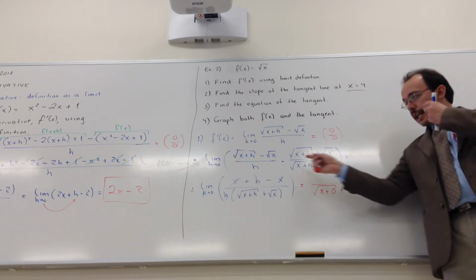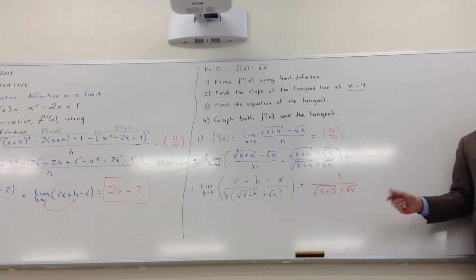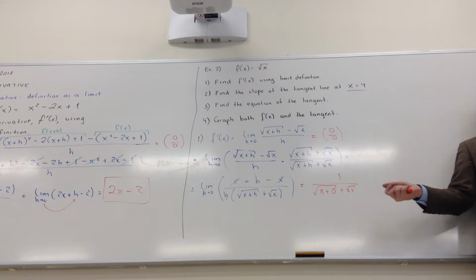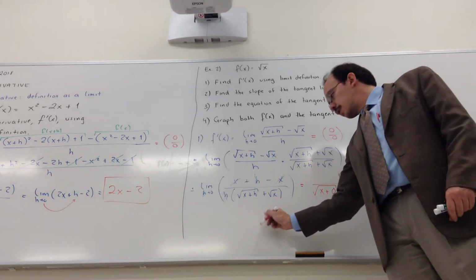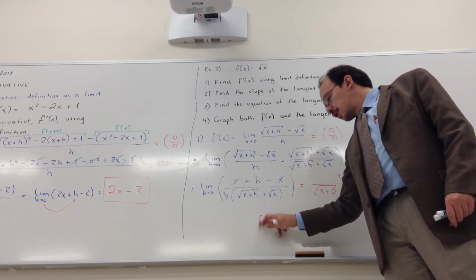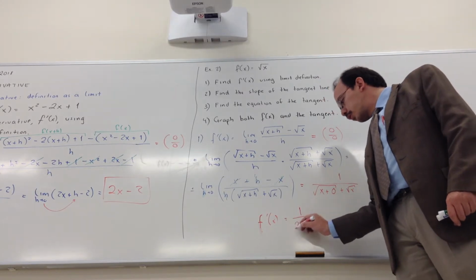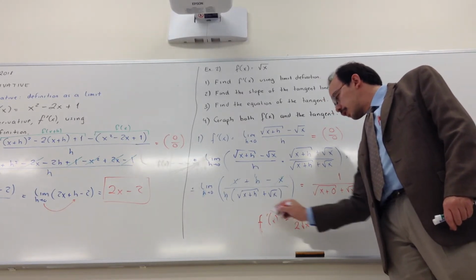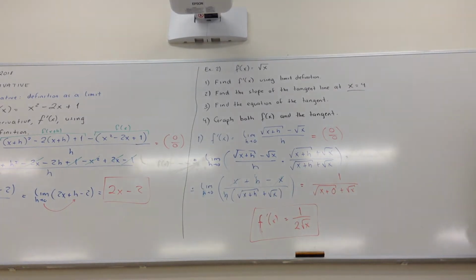What did I do? I simplify everything. I already evaluated the h with 0. Okay? Can I simplify the denominator? Yeah. So the answer is going to be 1 over 2 square root of x. That's the derivative.